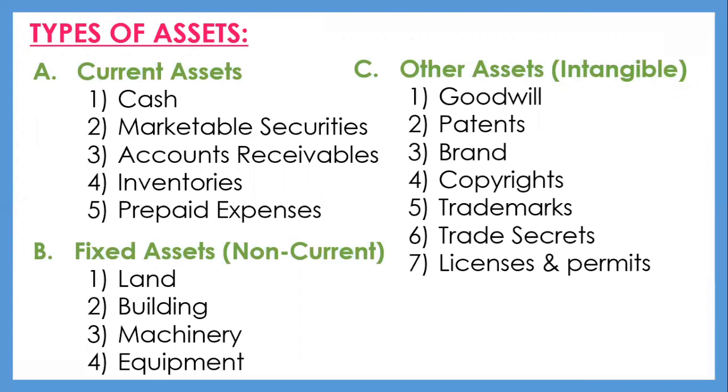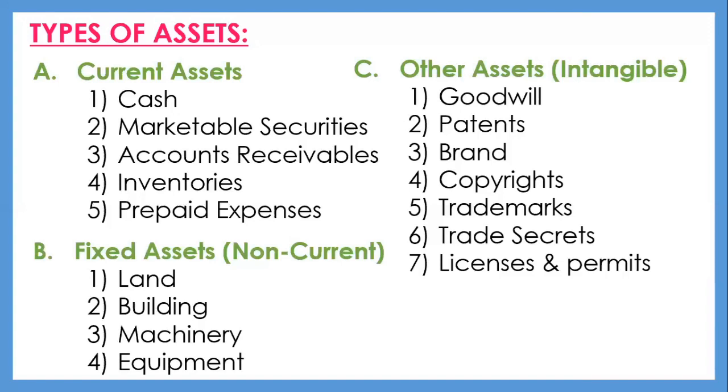Current assets are the assets that are easily converted into cash. Examples under current assets are cash, marketable securities, accounts receivable, inventories, and prepaid expenses. Okay, so these are under current assets.